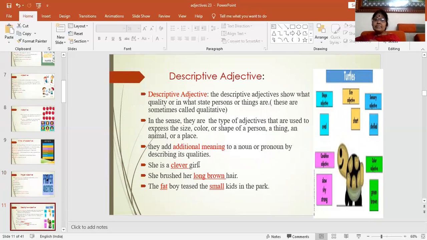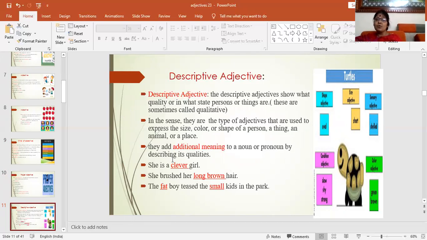Next is descriptive adjective. Now, what is a descriptive adjective? The descriptive adjectives show what quality or in what state persons or things are.